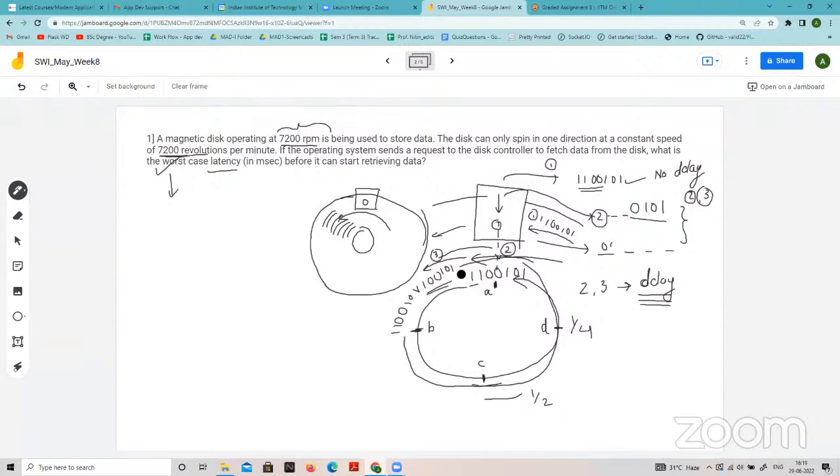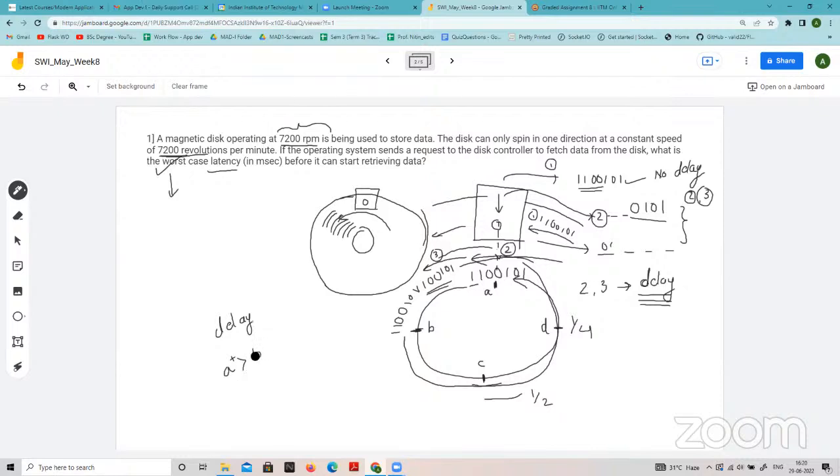The delay will be maximum at A, I mean A plus. I hope you understand what this plus is. It is not exactly at A, but a very small value ahead of position A.